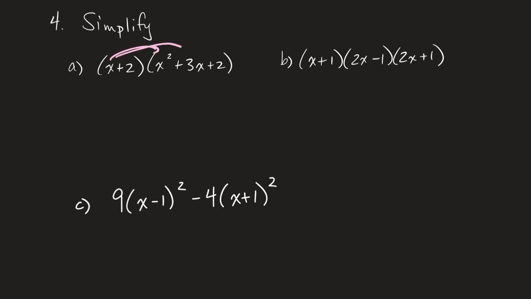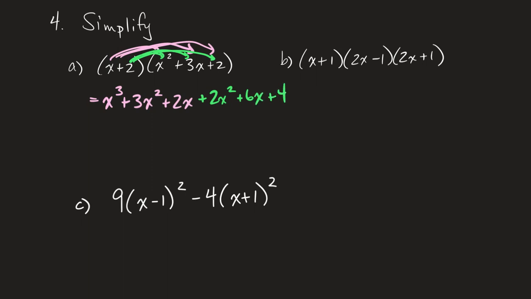So I'm going to take that x and multiply it by everything, which is going to give me an x cubed, a 3x squared, and a 2x. I am then going to take that 2 and multiply it by everything, and there is my 2x squared, my 6x, and my 4.